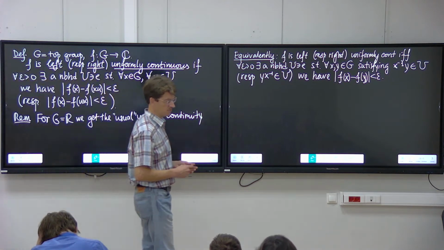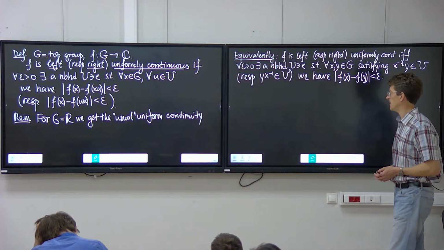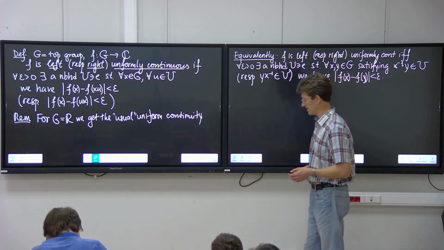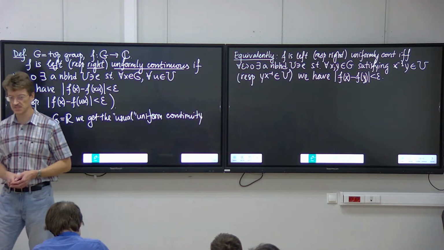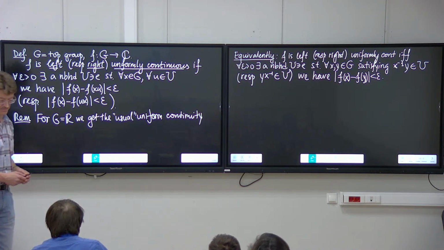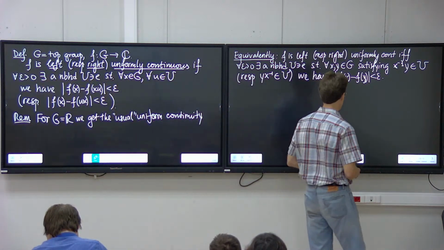Actually, it turns out that both types of uniform continuity are special cases of uniform continuity on uniform spaces. Roughly, a uniform space is a topological space together with an extra structure which enables us to compare neighborhoods of different points, which is not possible in an arbitrary topological space.